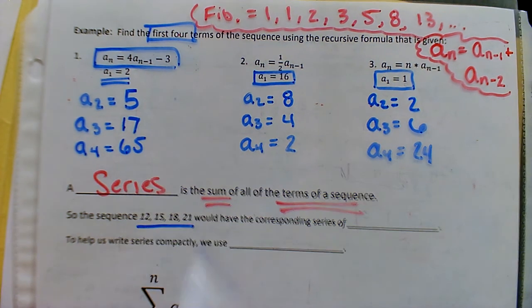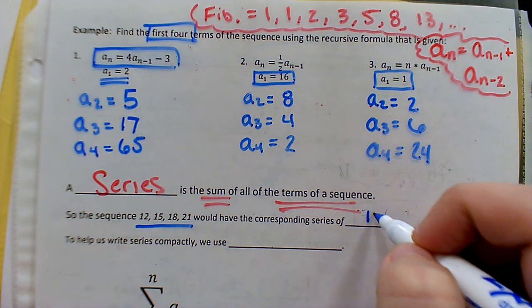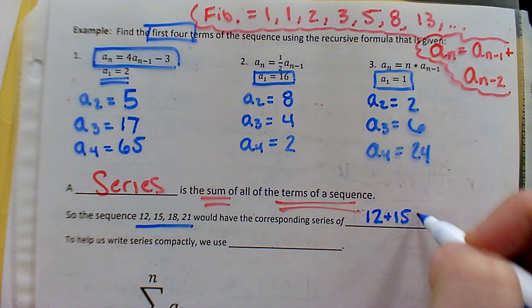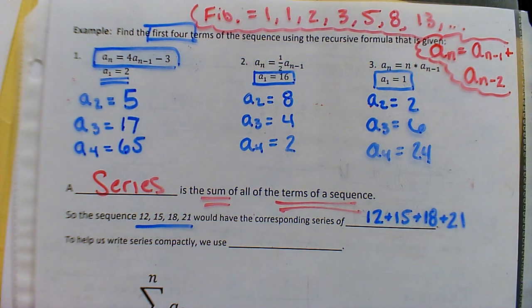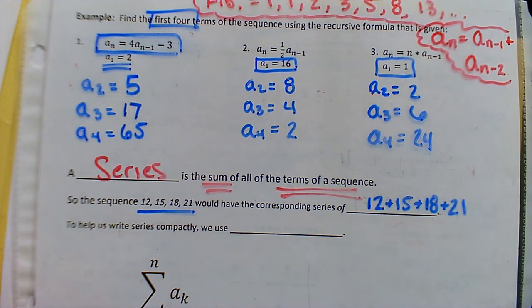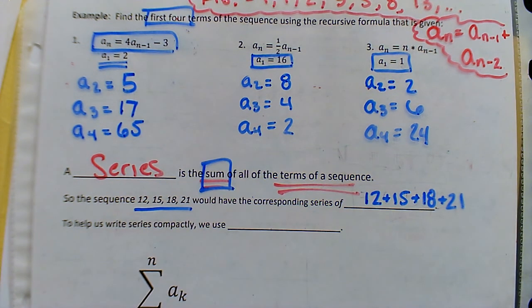So if we have a sequence of 12, 15, 18, 21, the corresponding series would be 12 plus 15 plus 18 plus 21. So sequences and series are very, very similar. It's just whether it's a list of numbers or a sum of numbers. Do you have commas or do you have additions? That's what you're basically looking for.